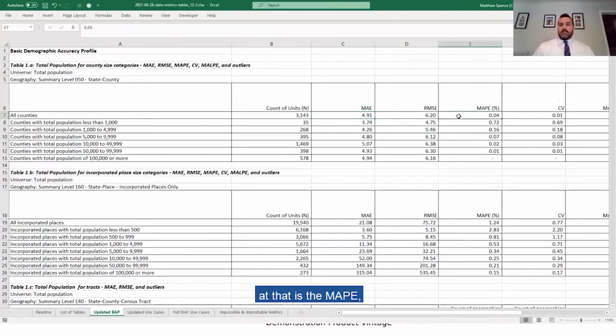Another way to look at that is the MAPE, or mean absolute percent error. And this is a percentage relative error. So instead of looking at just the overall change, you gained 5 people or you lost 5 people, you look at the relative change. So this county gained 0.5%, that county lost 1%, that county gained 2%, and you sum up all of that and take the average.